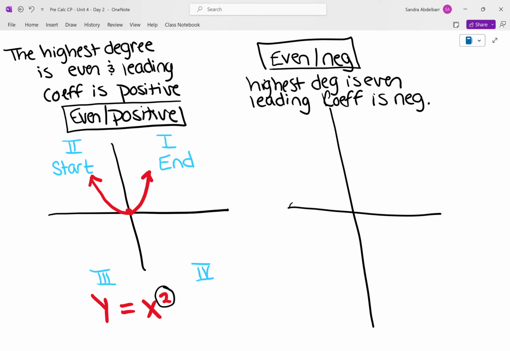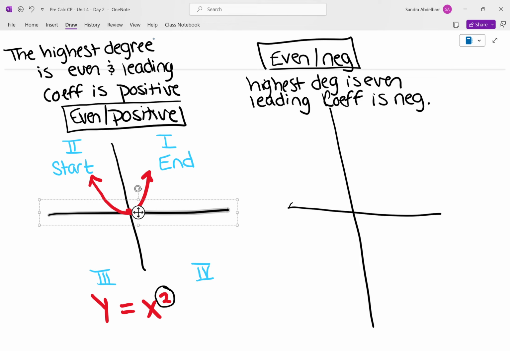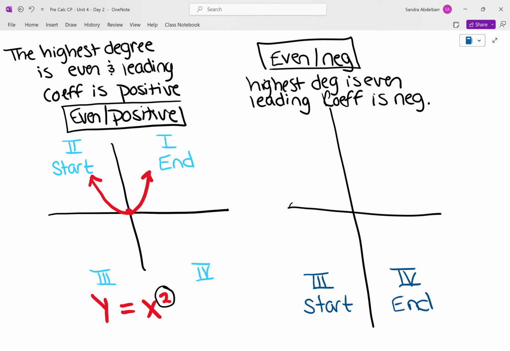When it's even and negative, what you're going to do is you're going to start in quadrant 3 and end in quadrant 4. So when it's even and positive, you start in quadrant 2, you end in quadrant 1.